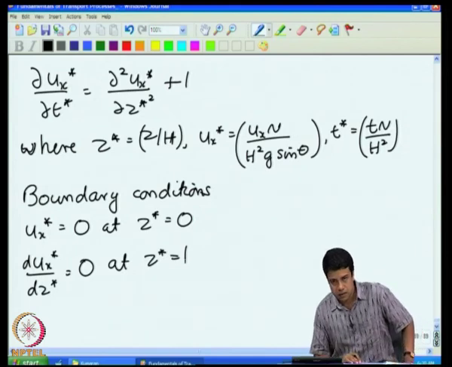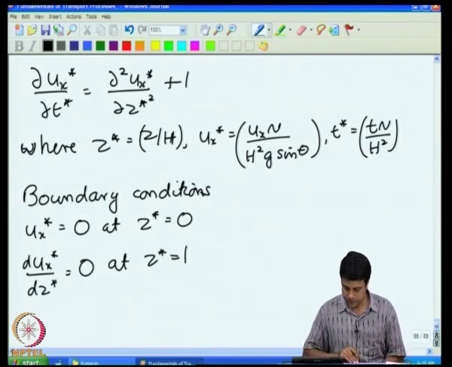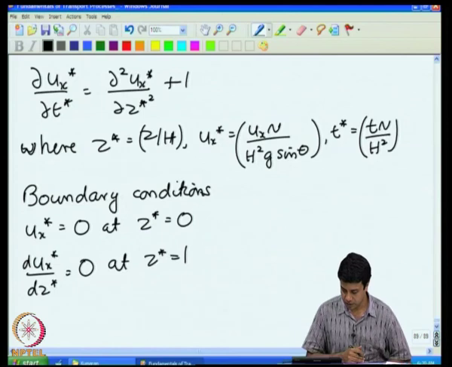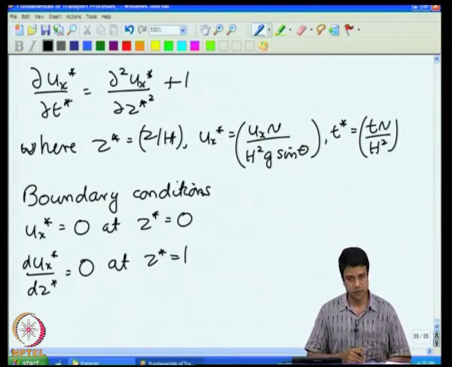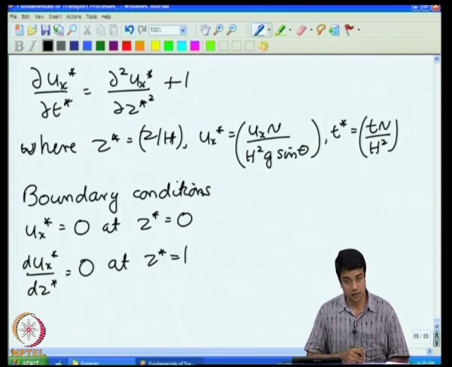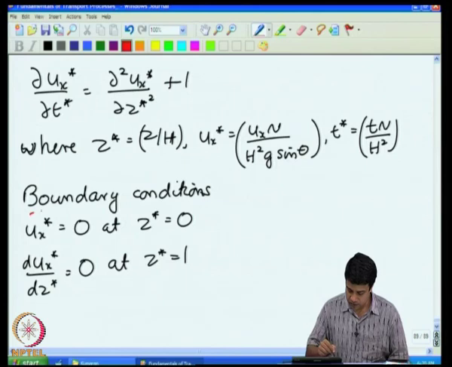So, these are the boundary conditions for the flow. And let us solve this differential equation subject to boundary conditions. Note that the boundary conditions are homogeneous. The boundary conditions do not contain any inhomogeneous term in them.